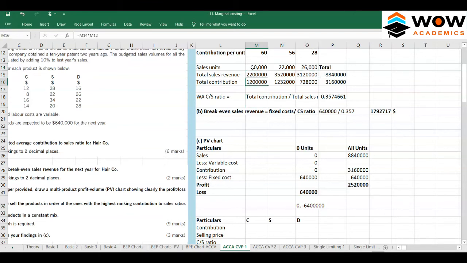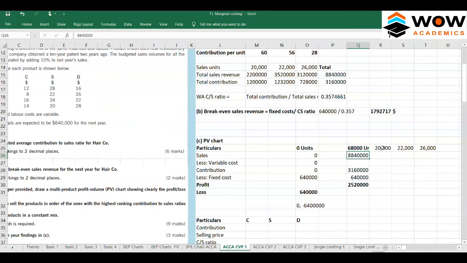So if you want, we can put the units here. All the units put together, it comes to 68,000 units.